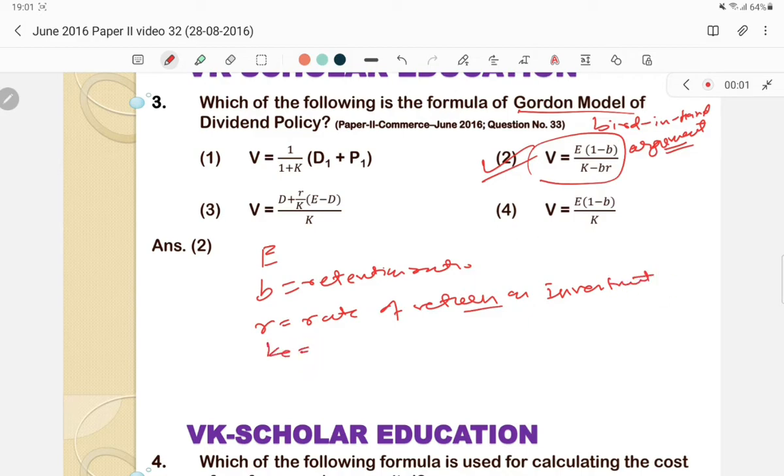K stands for capitalization rate या cost of equity share capital, and BR is equal to G, for example growth rate of a firm. Okay, so option second is correct. So this is the question number 3.